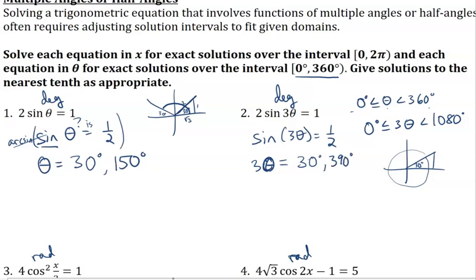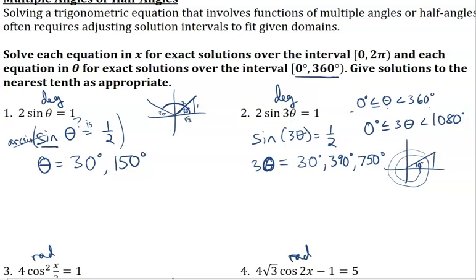That would also give me a true statement where the sine is 1/2. What if I go all the way around the circle a second time, and now I'm at 360, 720 plus another 30 is 750. 750 is still less than 1080. So 3 theta could be 750 as well.